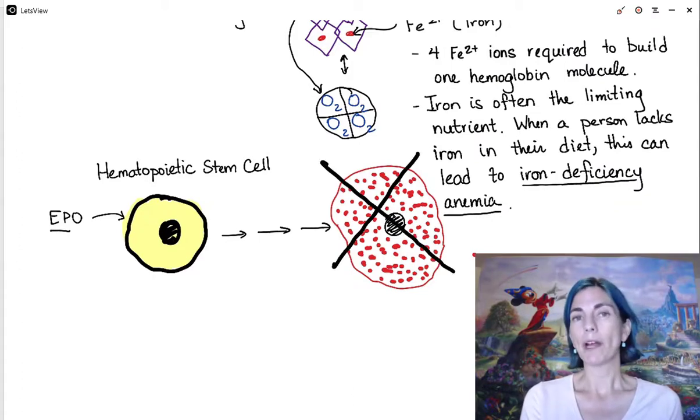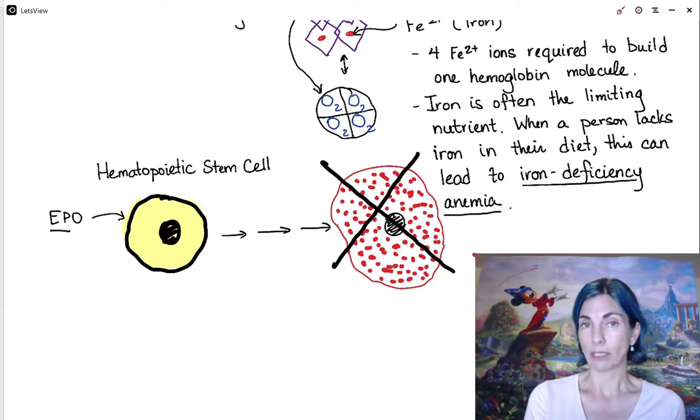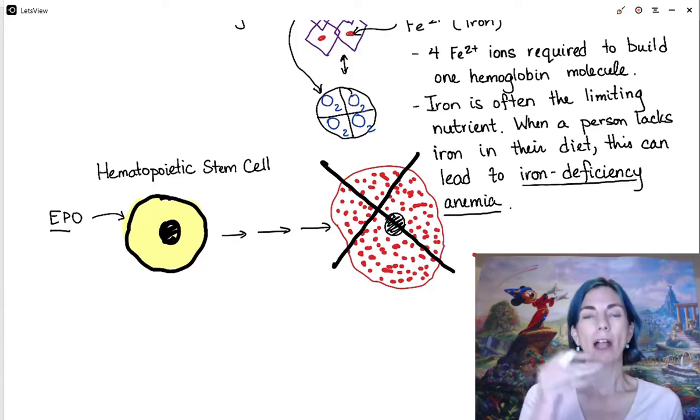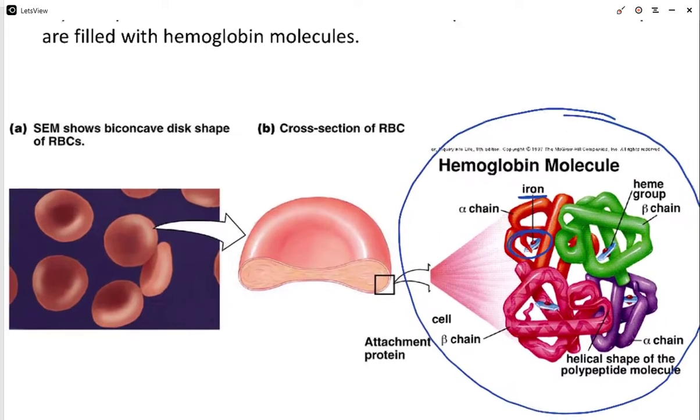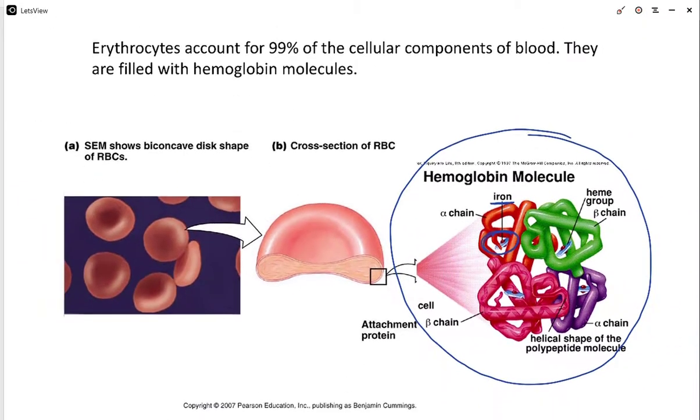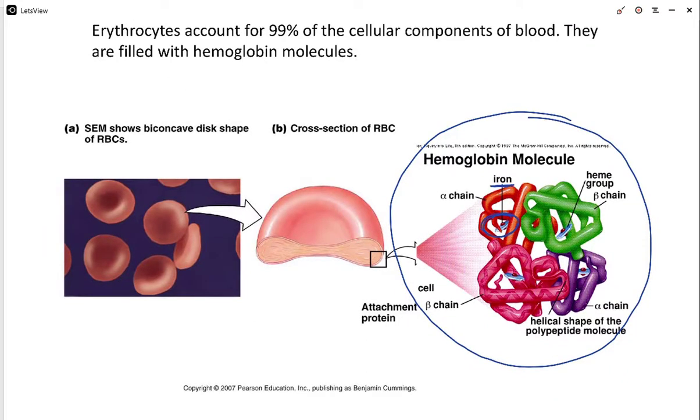Let's take a look at what a red blood cell actually looks like, and then we'll talk about why that form works and how we get there through differentiation. Red blood cells are not your typical cells. They are flat, so they're not spherical, and they have what is called a biconcave shape. So there's the biconcave shape there.